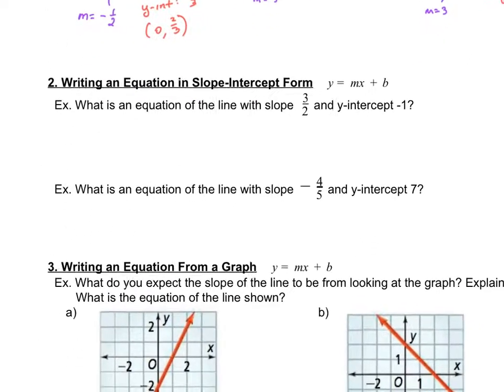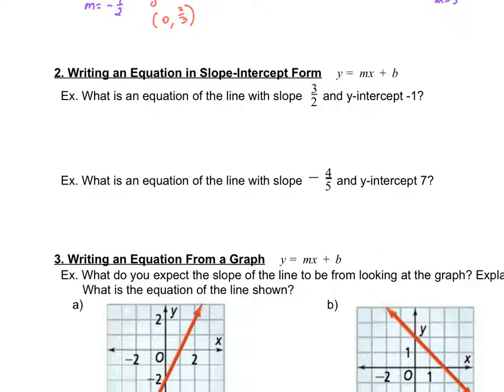Writing the equation of a line. Now, when we go to write it, we're just going to put it back together. It says, what is the equation of a line with the slope of 3/2 and y-intercept of -1? Well, I know it's going to be y = mx + b, and I do need to substitute in. I need to find my value for m and my value for b.